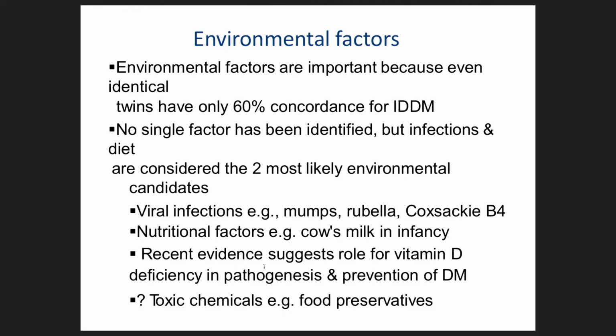Also, recent evidence suggests the role of vitamin D deficiency in the pathogenesis and prevention of type 1 diabetes. Vitamin D deficiency is very common in Saudi Arabia. That's why a lot of studies indicate that type 1 diabetes in children in Saudi Arabia is increasing year by year, maybe because of vitamin D deficiency.